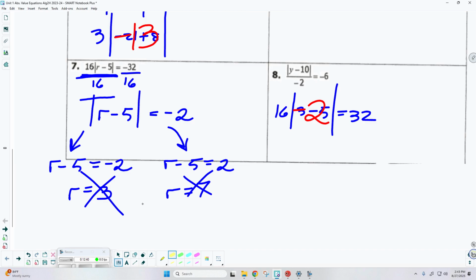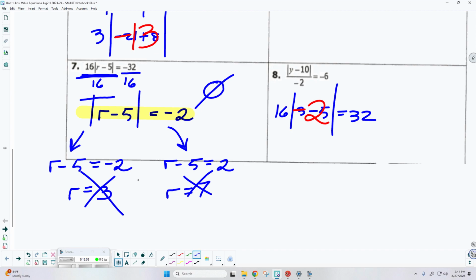Positive. But you'll notice here, when I simplified, I've got the absolute value giving me a negative number. That can never happen. If you ever run into a situation like that, you don't even have to go any further. We're just going to go ahead and say there's no solution. Okay. Well, that's going to make number 8 easy because the absolute value is equal to a negative, so I guess we're done. Why not?